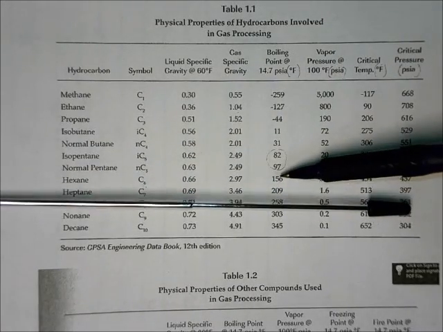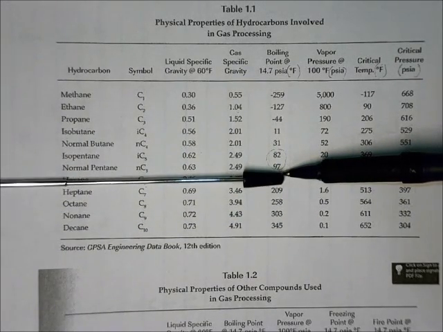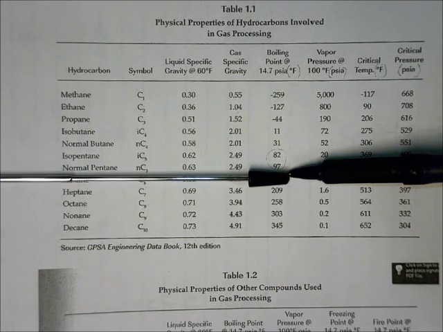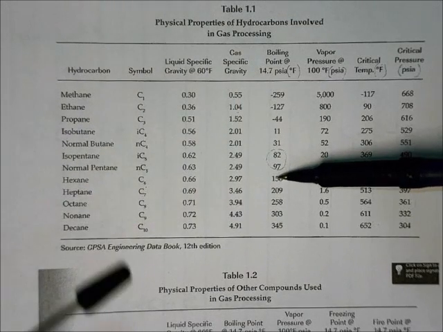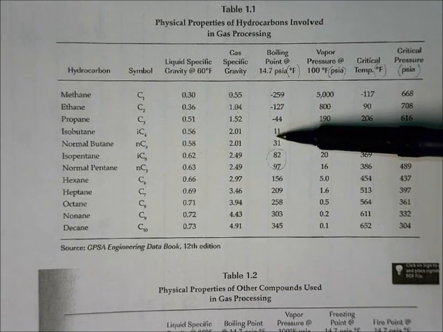At 100 degrees Fahrenheit, everything above normal pentane boils at a temperature lower than 100 degrees, so it's going to be boiling. Everything above that is going to be a vapor, and everything below it is going to be a liquid. So if your process vessel is 100 degrees Fahrenheit and you let all the vapor out the top, some of these things will go out the top and the rest will go out the bottom. By adjusting your temperature, you determine which things are vapor and which are liquid, and that's how you can separate them out.